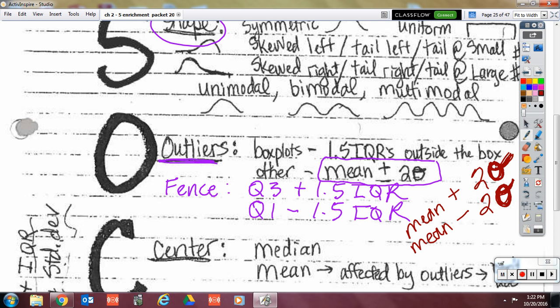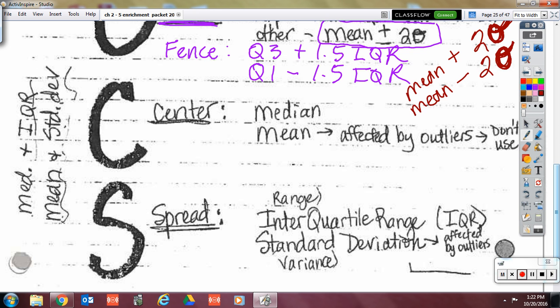Okay, socks, shape, outlier. Next is center. So the center you will use is pretty much your mean or your median. Okay? And we have kind of talked about when it might be better to use a mean or when it might be better to use a median.